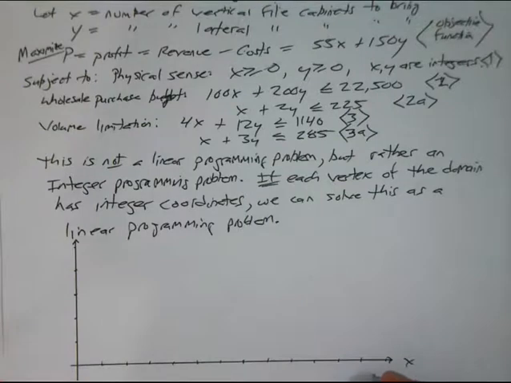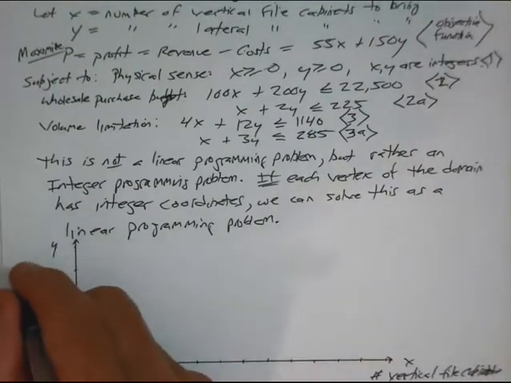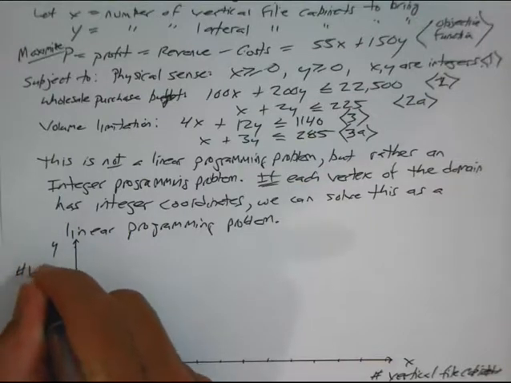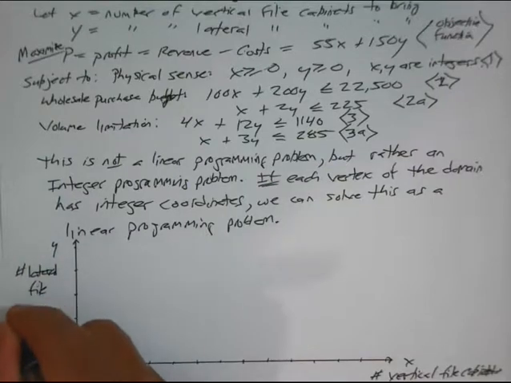So this is the number of the vertical file cabinets, and symbolically this is y, and in words this is the number of lateral file cabinets.